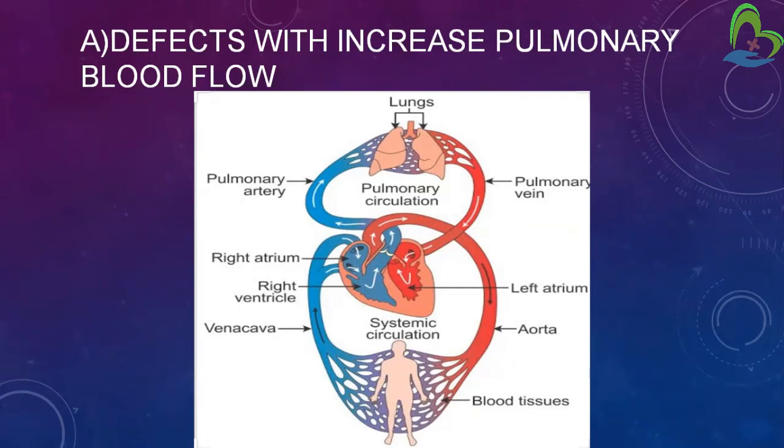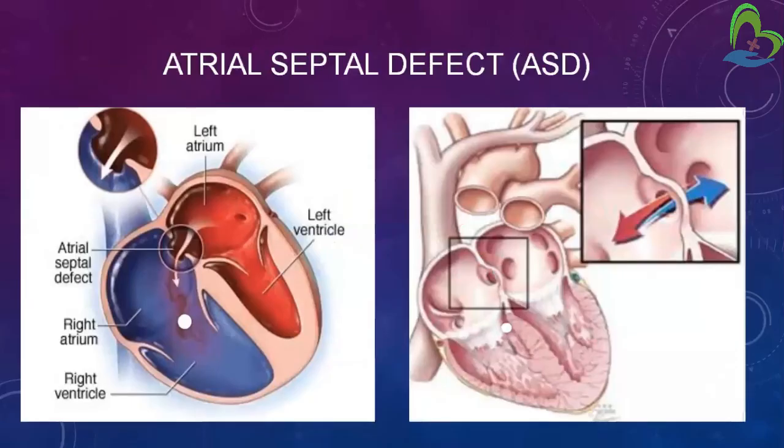When blood circulates between the heart and other body systems, that is called systemic circulation. And when blood circulates between the heart and lungs, that is called pulmonary circulation. So here in this condition, pulmonary blood flow is increasing.